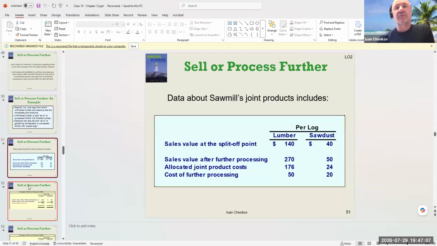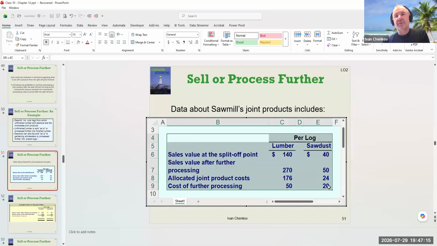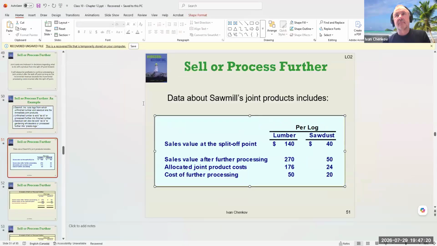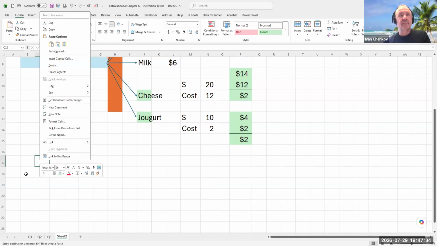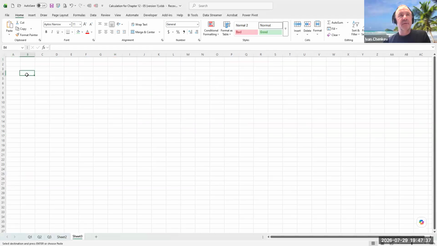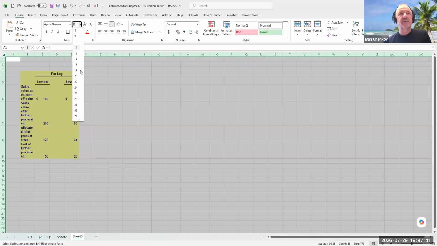Now, this is the information that we're going to have available. Let me grab this information and move it to an Excel spreadsheet. And let's work with this information that we have. Actually, I'm going to open a new one because once I paste this information, it's going to be a different story.